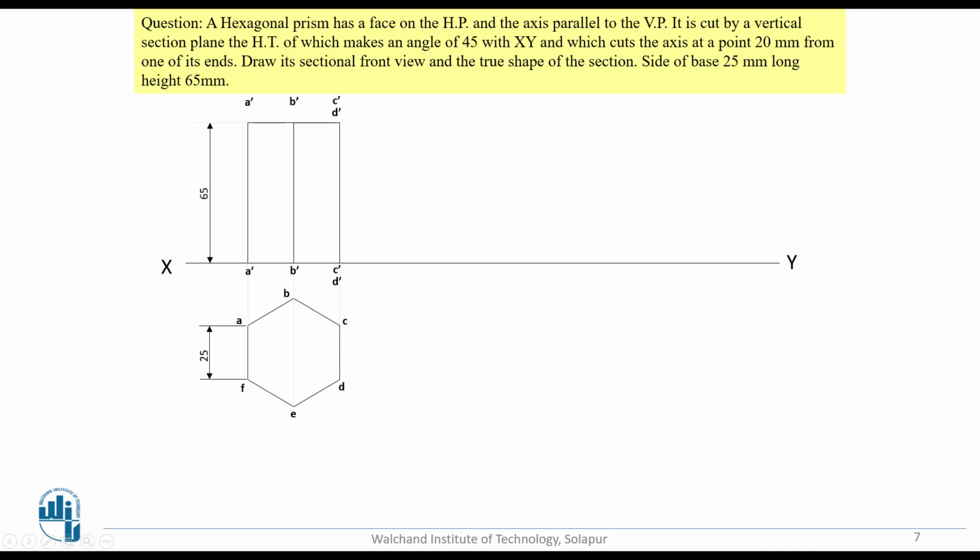HT means once again the same case, perpendicular to HP and making an angle of 45 degree to the XY line, which cuts the axis at a point 20 millimeter from one of its ends. You can understand this particular point. Draw its sectional front view and true shape of the section. Side of the base is given as 25 millimeter and height 65 millimeter.